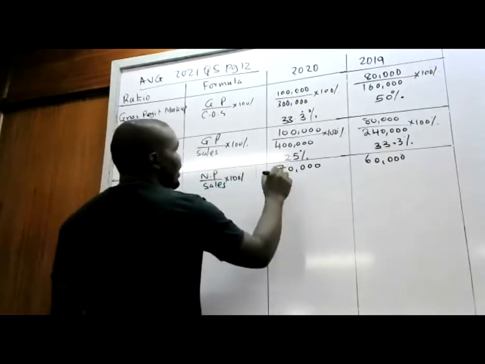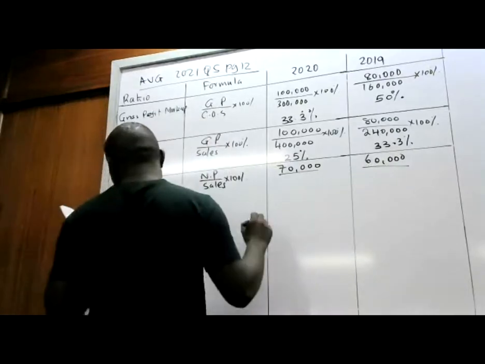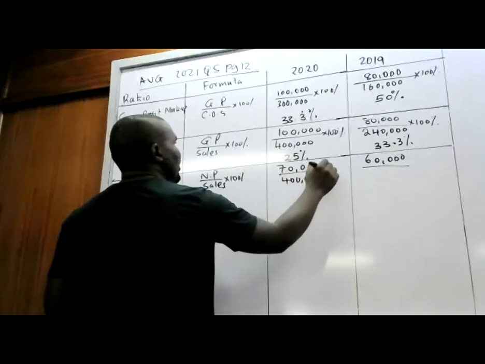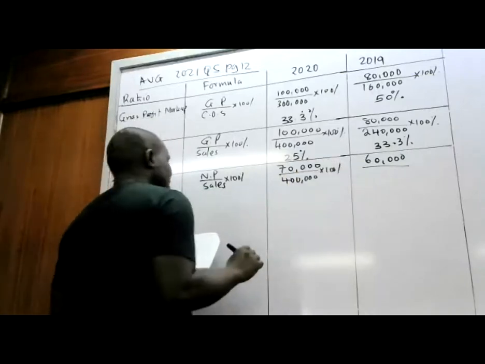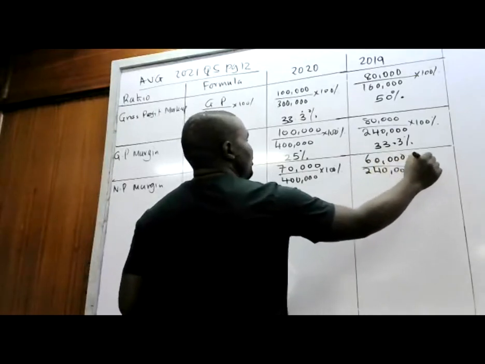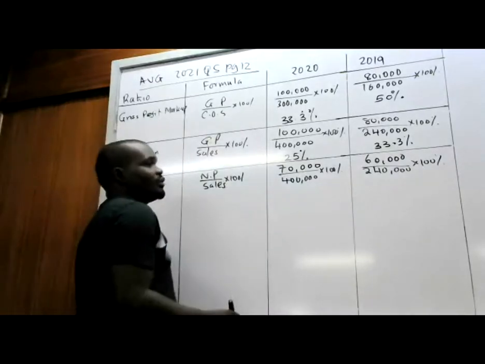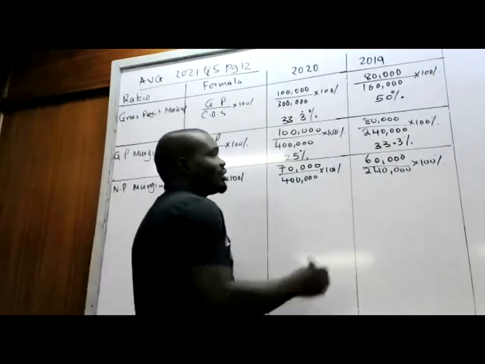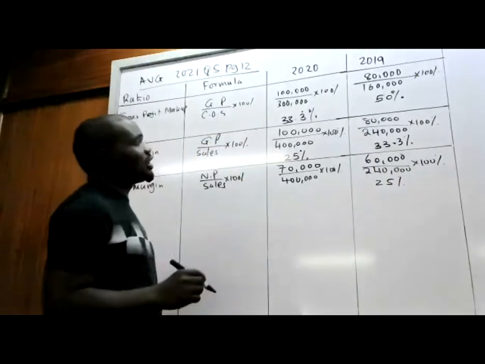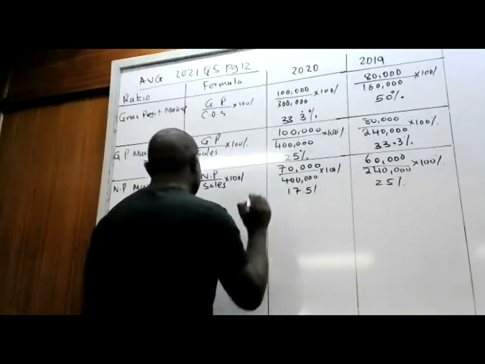Then you divide by sales. So sales 400, 100. The other sales is 240, 100. So give me the first and the next. 25%. How about 2020? 17%.